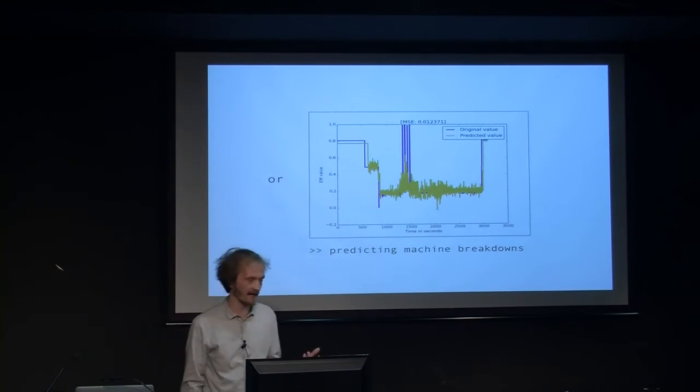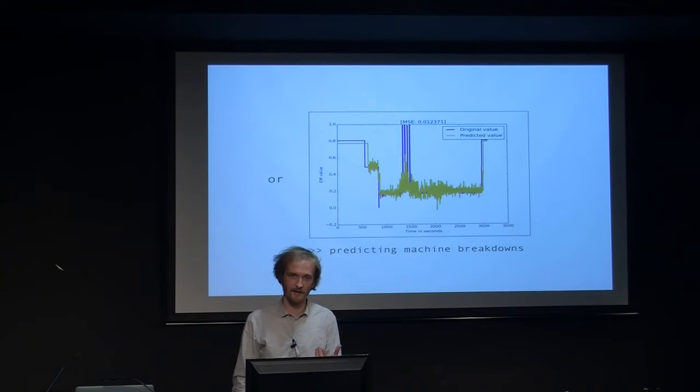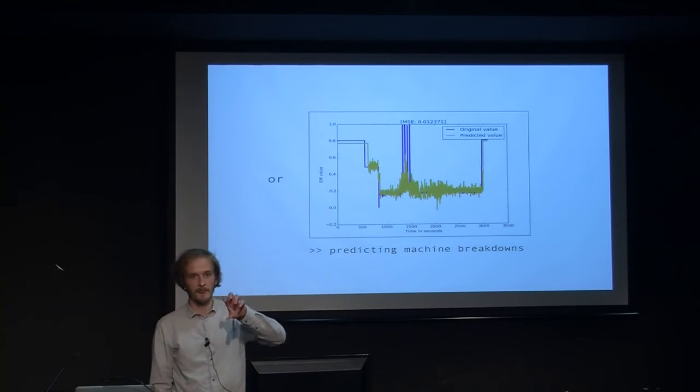So you can train a model with the data that you have on the behavior of the machines, and you need to know when in the past there were breakdowns, so that the machine can build a model and find the correlation between the behavior of the machine and when there was a breakdown.